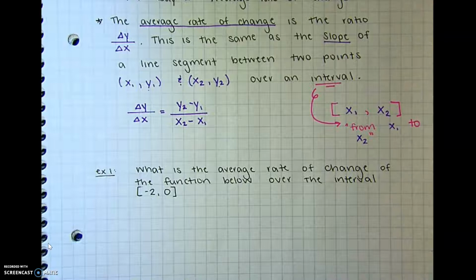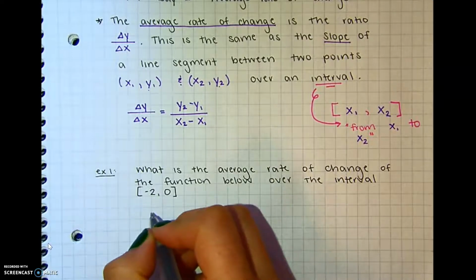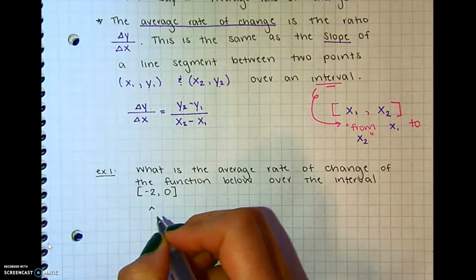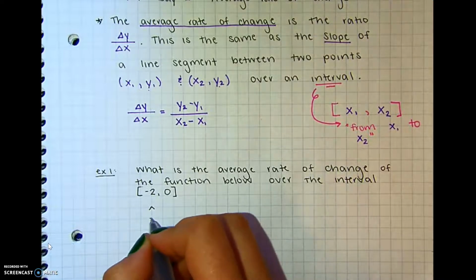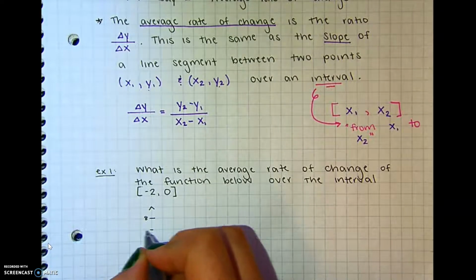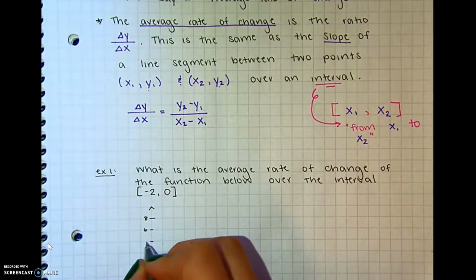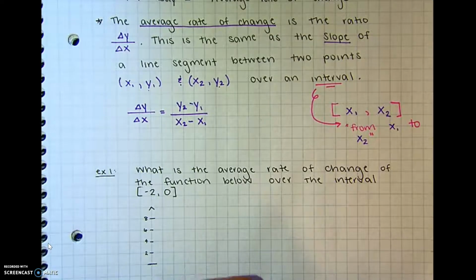Okay, so that means we also need a graph. So I'm going to make a little coordinate plane. I'd like it to go up to 8, but I don't want it to take up that much space, so I'm going to make a scale of 2. So this will be 8, 6, 4, 2, 0. And then I'm just going to go down to -2.